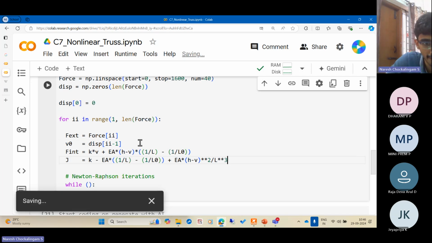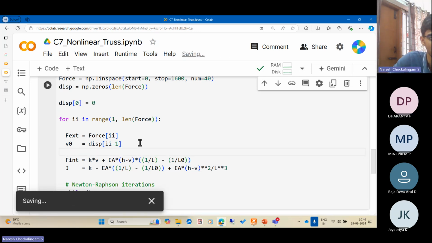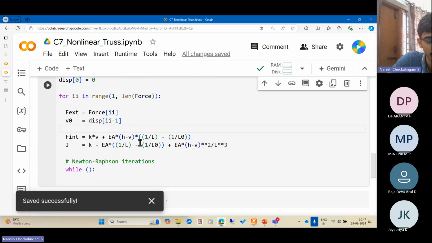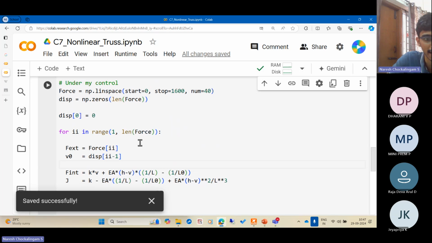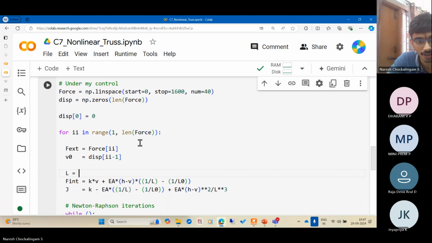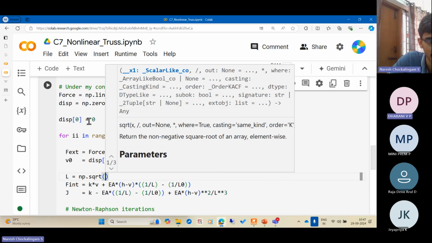Okay, but you should be careful. I have not defined the deformed L, right? So I have to define the deformed L. What is L? L is square root of. We have already defined it also. No, that is for the displacement control.